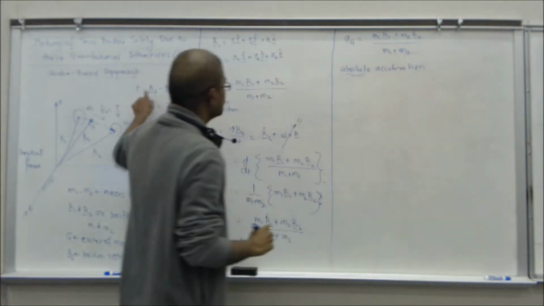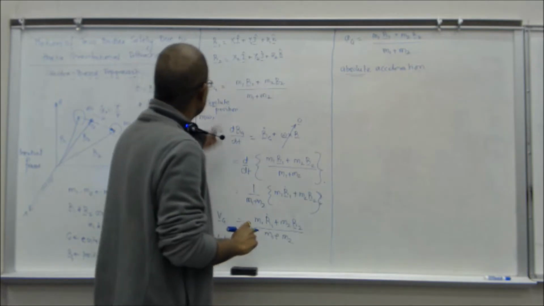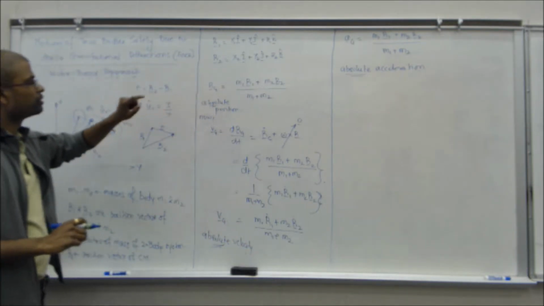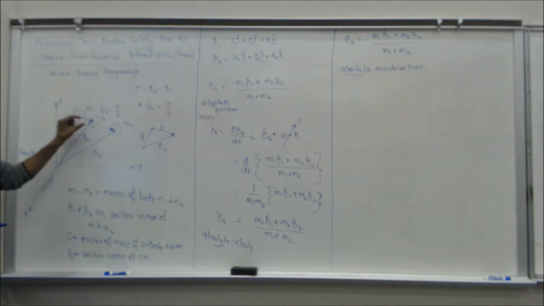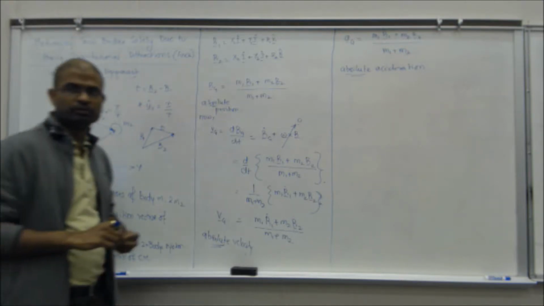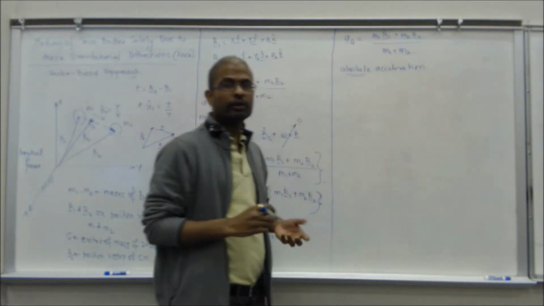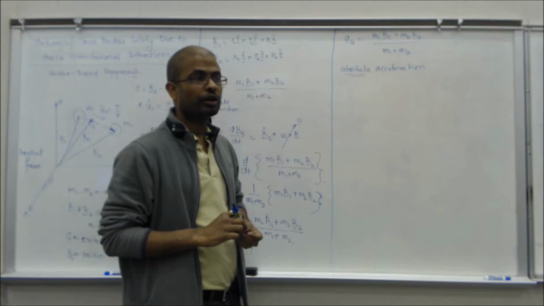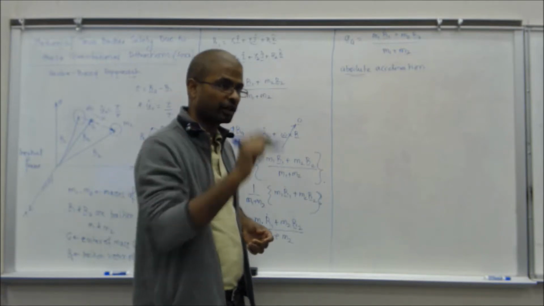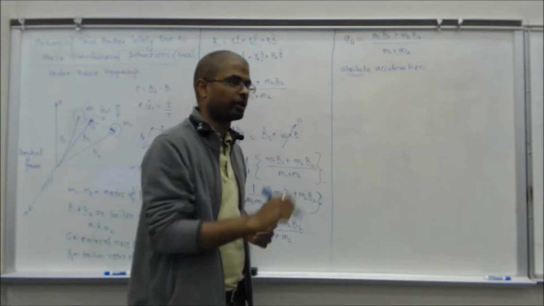What is R_G again? What is that? R_G is the position of the center of mass or center of gravity. Center of gravity and center of mass are the same, right, of the system? Center of gravity is a point where gravity affects, or you can assume that is where it affects.